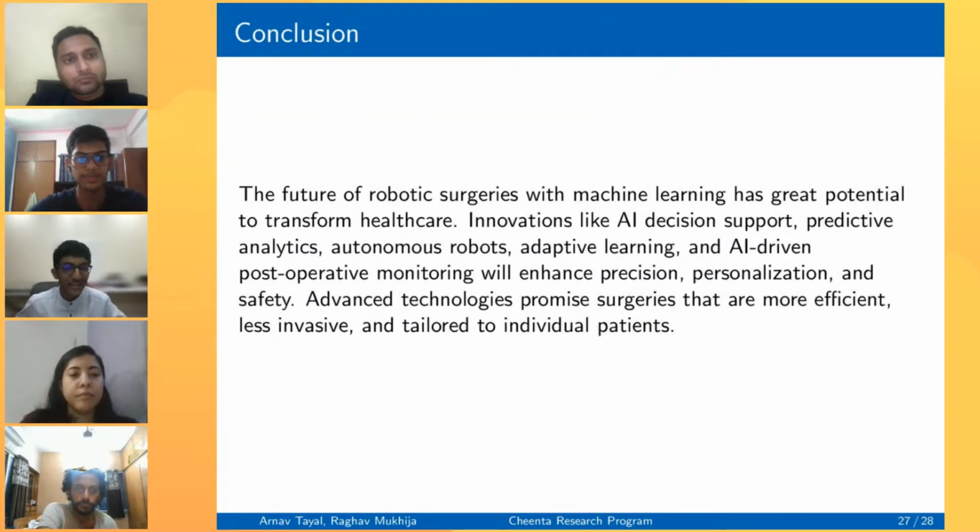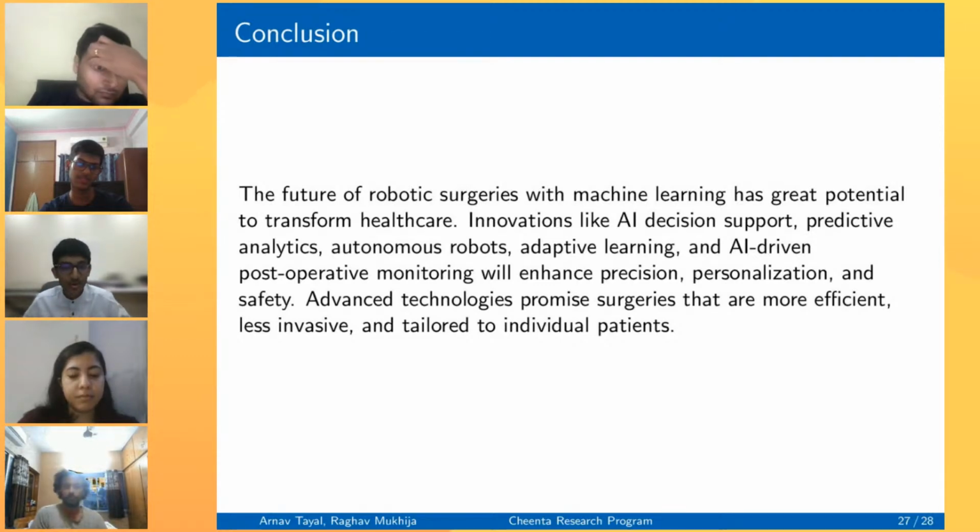So, in conclusion, I would like to say that the future of robotic surgery is at large scale. It has great potential to transform healthcare. These innovations, AI decision support, predictive analysis, autonomous robots, adaptive learning, AI, deep learning, and new techniques are coming in to improve accuracy and precision.